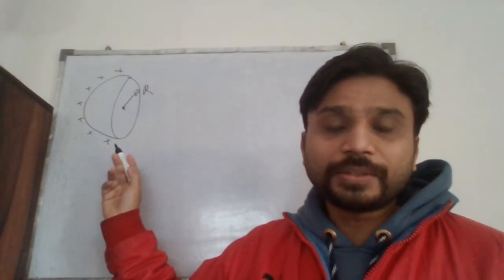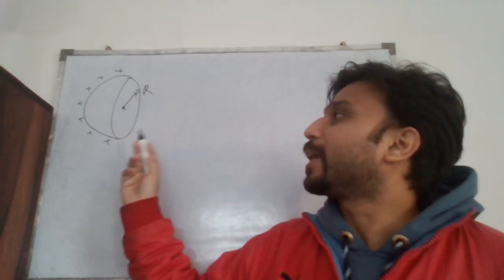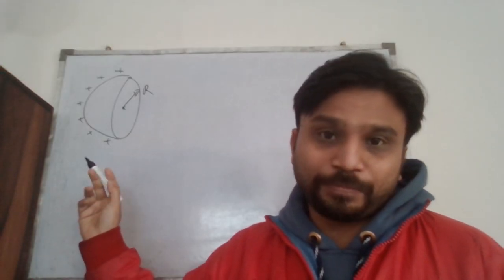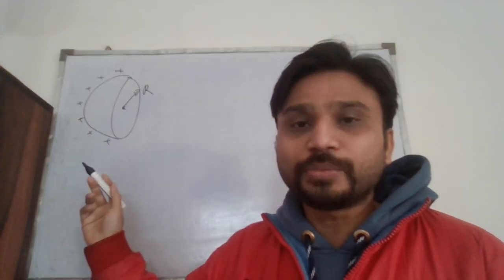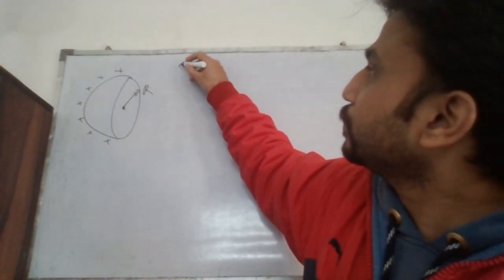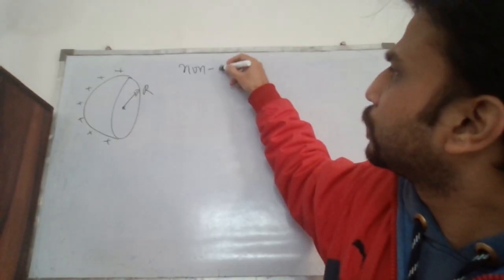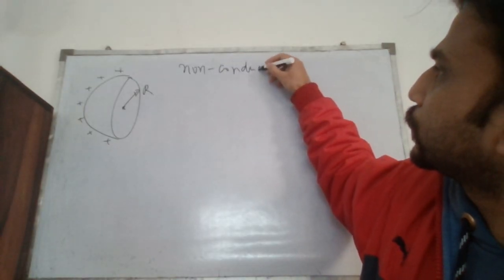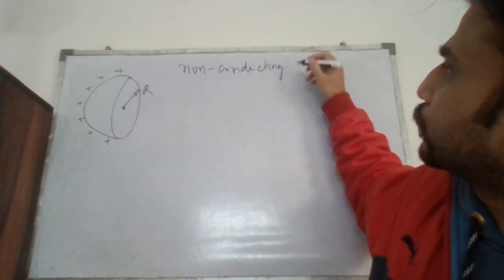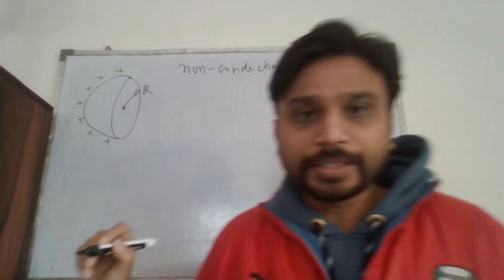So, we want the hemisphere to have that uniform charge density. That means this hemisphere has to be a non-conducting one.